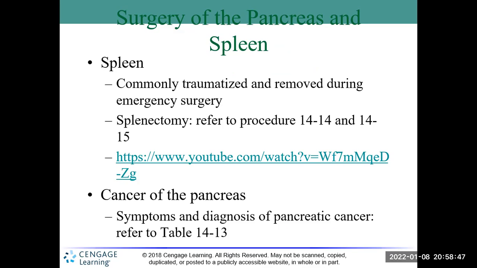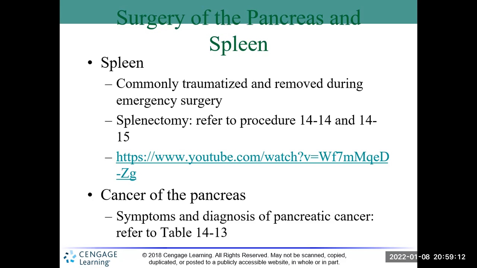And so for drivers, if they're T-boned, that is the point of impact. There's many times that spleens are damaged, ruptured, or lacerated due to an MVA. And so trauma is the main reason that splenectomies are done.